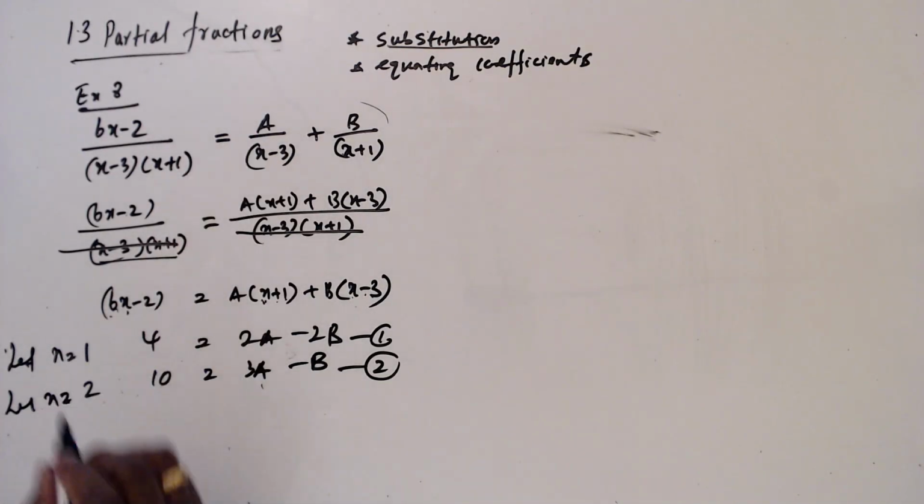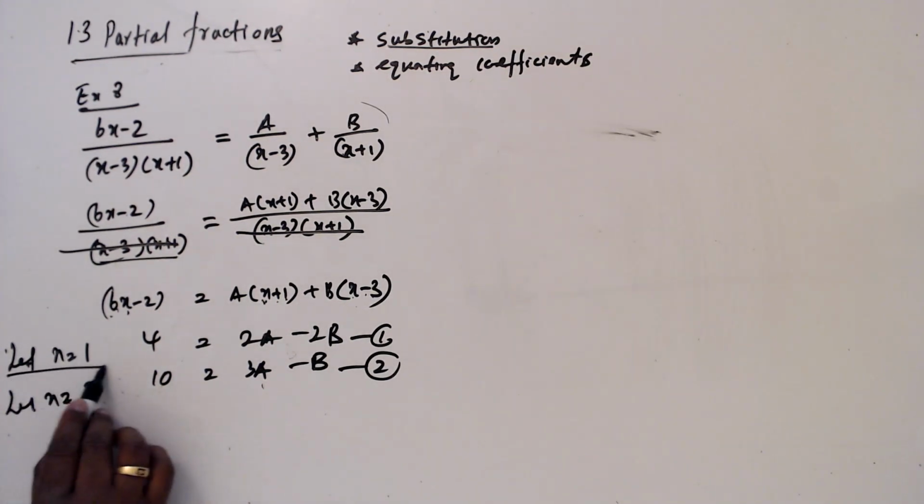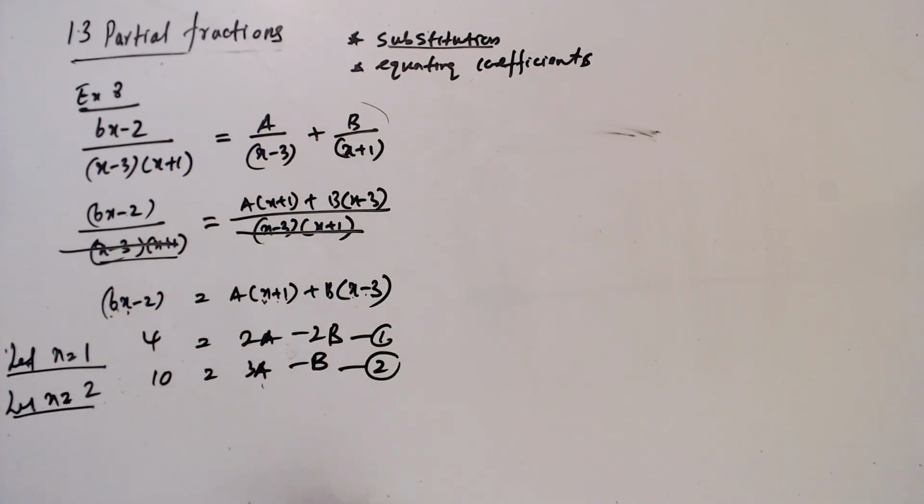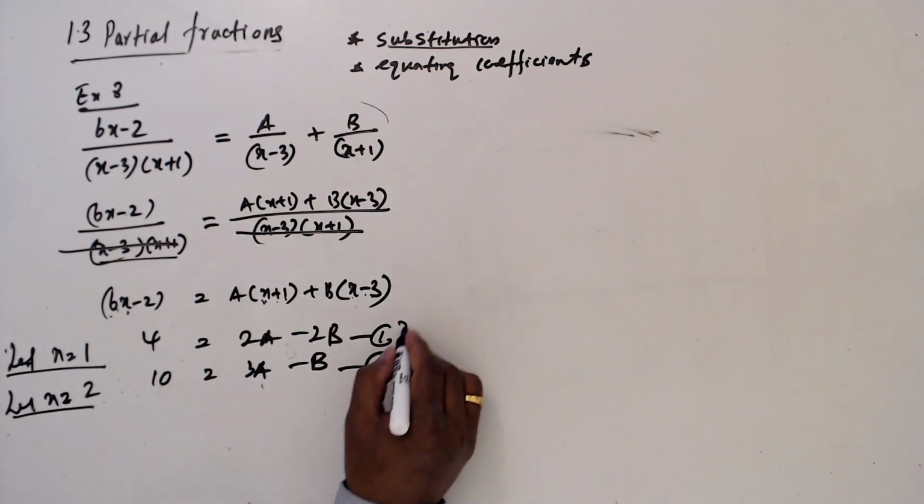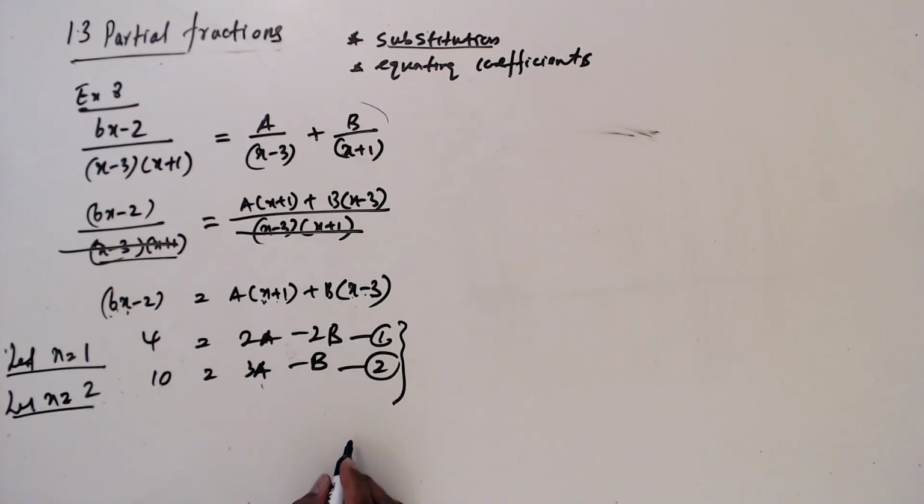And you can substitute here. Now I selected x equal 1 and x equal 2 randomly, and it is a waste of time. But if you select the numbers smartly, you can save a lot of time.